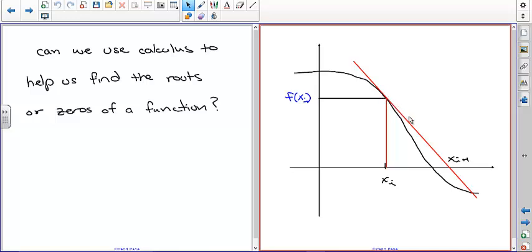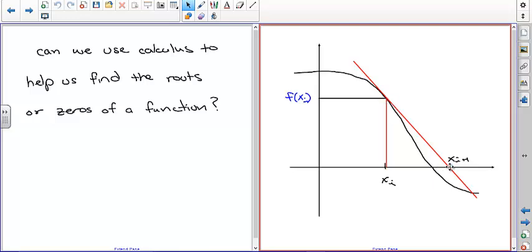With this line, I can then find where this tangent line intersects the x-axis. That's going to give me an approximation for the actual 0, rather than just guessing. I'm extrapolating based on the known slope at this point and the known value of the function.